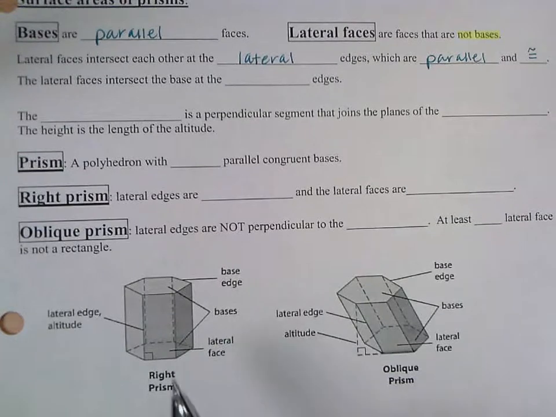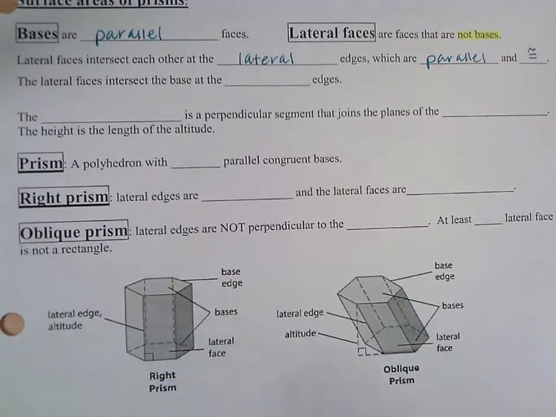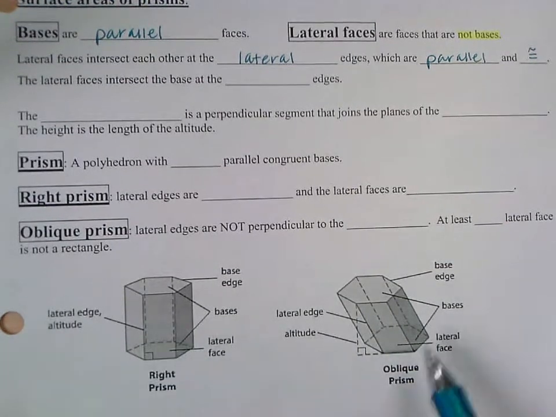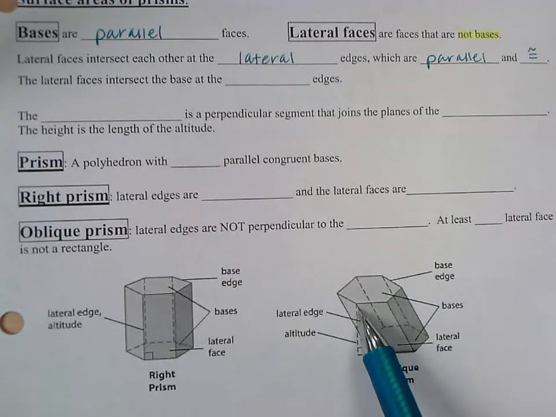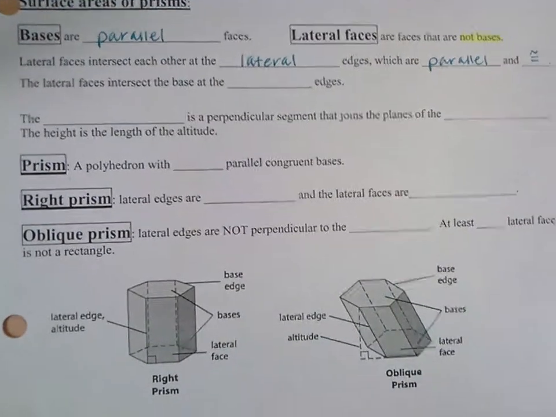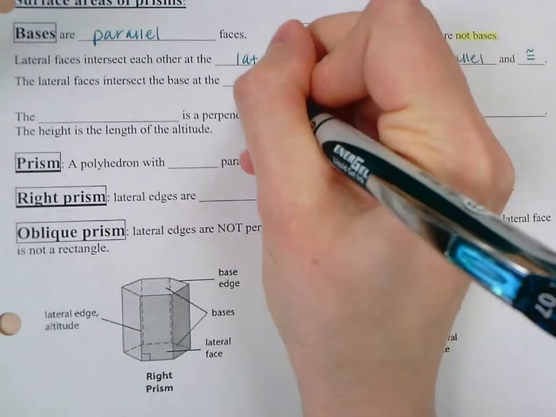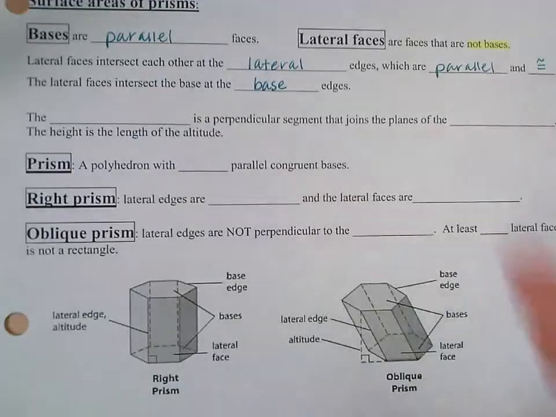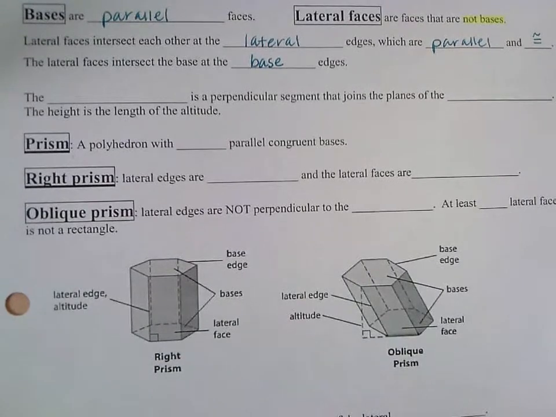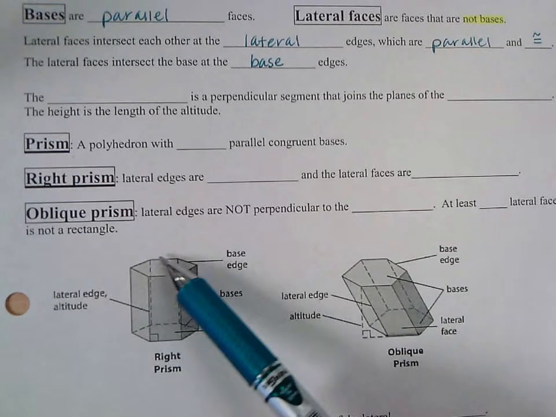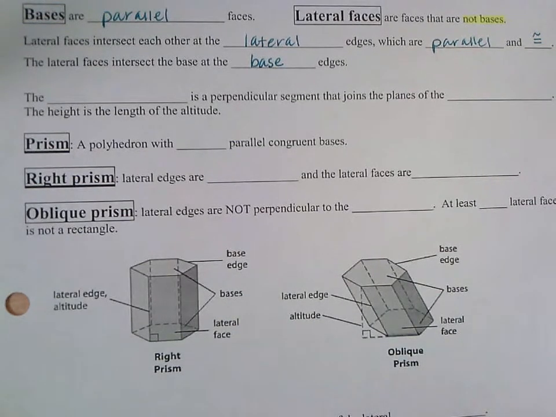So again, if you look at the picture, here's a lateral edge, kind of not really a corner, but if you think of it that way, where the two faces meet, we have a lateral edge here. And then the lateral faces intersect the base at the base edges. So base edges would basically be all of the sides of the base because those sides are intersecting one of your lateral faces.